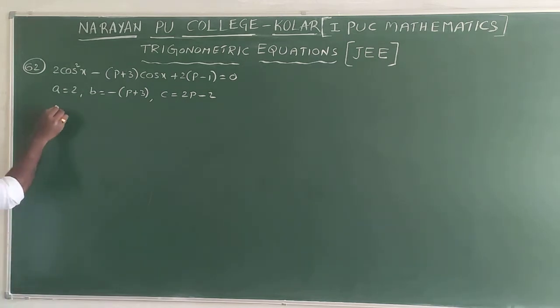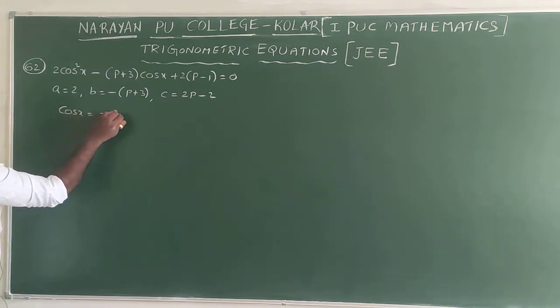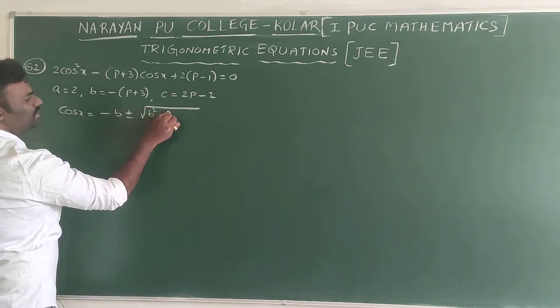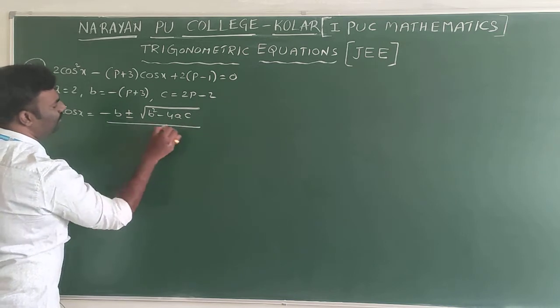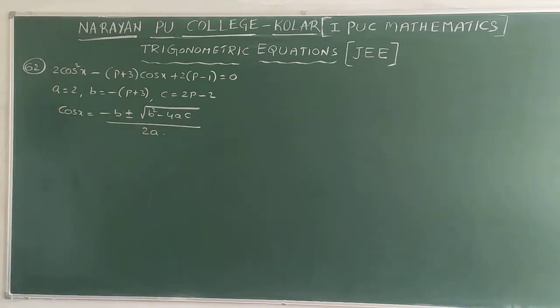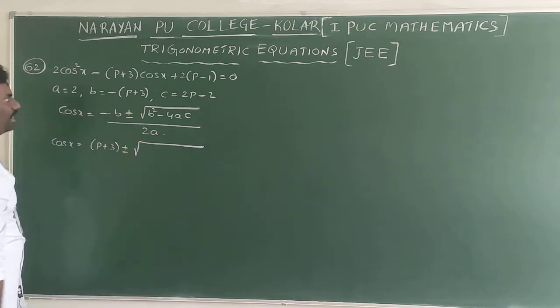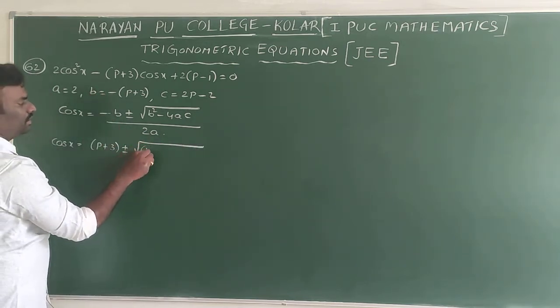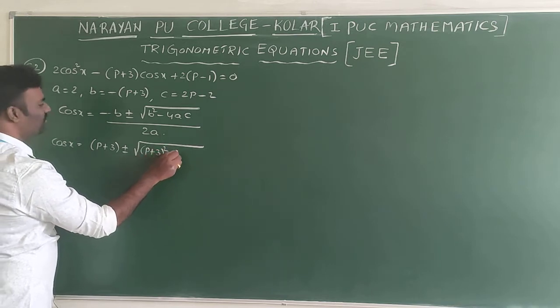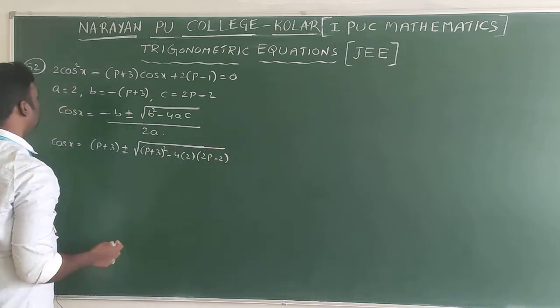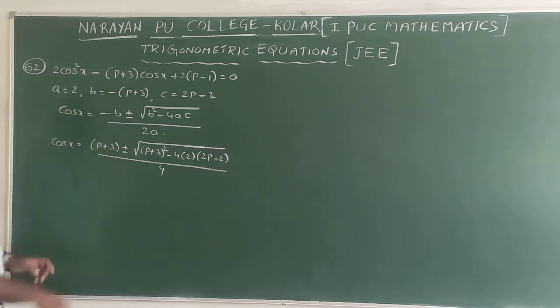Now I am applying the formula: cos x is equal to minus b plus or minus under root of b square minus 4ac, by 2a. Now cos x is equal to minus of this minus becomes plus, p plus 3, plus or minus under root of b square, square of this, (p plus 3) whole square minus 4 into a into c, by 2 into 2, that is 4.